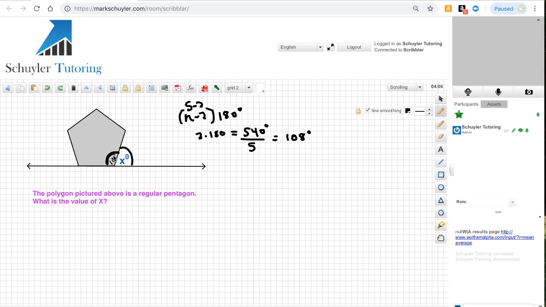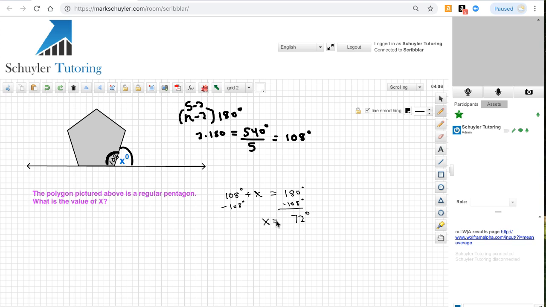This is 108 degrees. Well, that angle, along with x, is supplementary. Supplementary meaning it has to add up to 180 degrees, the 180 degrees that we spoke about as being the number of degrees above the straight line. So we subtract to isolate x, to get x all by itself, and we're left with 72 degrees.